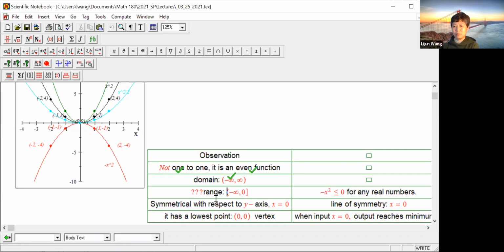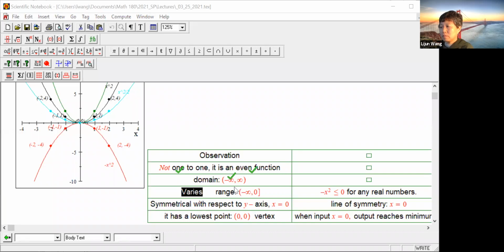So we can say range varies. Okay. How about line of symmetry?